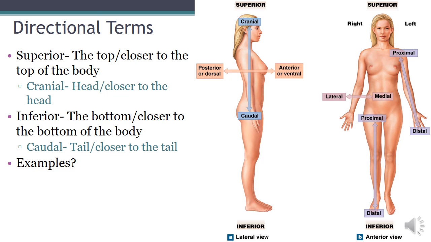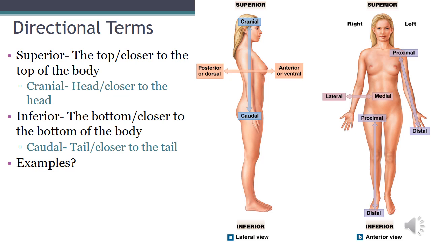Cranial technically means at the head or closer to the head. So since we're standing up on two legs, superior and cranial will mean the same thing. This is not necessarily true if you're an organism that walks on all fours. Okay. So an example for superior would be the nose. The nose would be described as superior to the mouth.